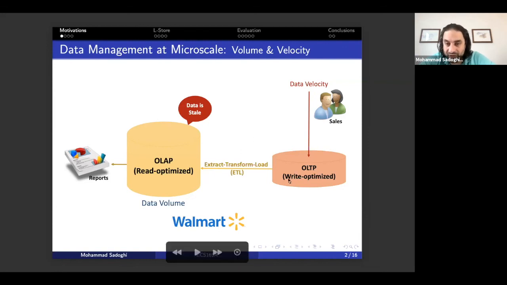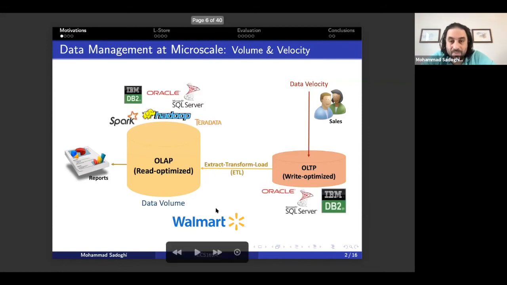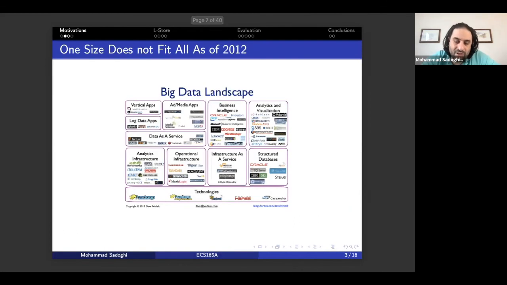So on one side we have row, and on the other side we have column. Major organizations do invest in creating these products. For example, IBM's DB2 or Oracle have solutions that are OLTP optimized, and also solutions that are OLAP optimized. And given the hype of big data, which started in the early 2000s, 2010 and so forth.